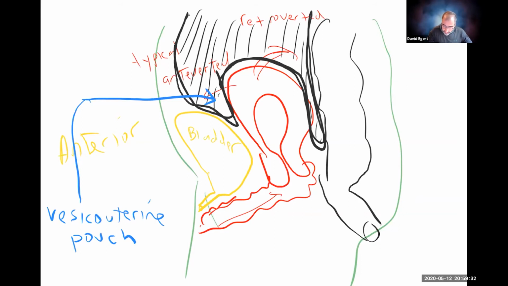And then behind here, this spot between the rectum and the uterus has a special name, and special significance. This is the rectouterine pouch of Douglas.